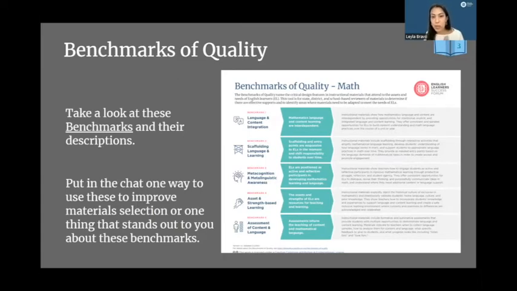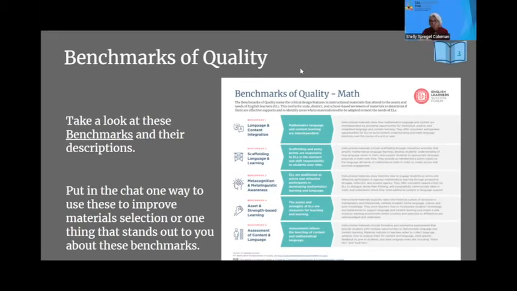And as you read, I want you to think about how you could use these to improve material selection, or one thing that stands out to you in these benchmarks that you think is really, really positive. So I'll give you a minute to read and then put that in the chat. And when you're ready, add in ways that these can improve the material selection process.